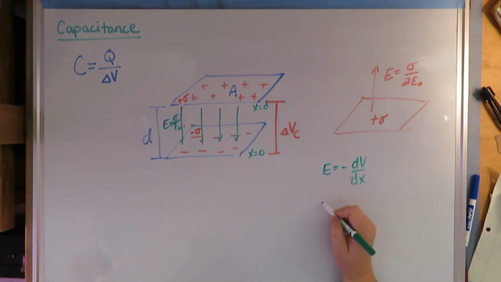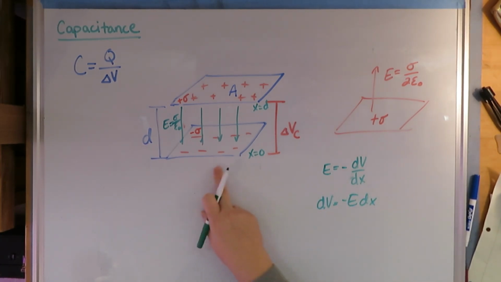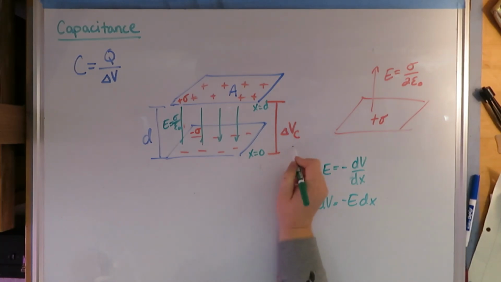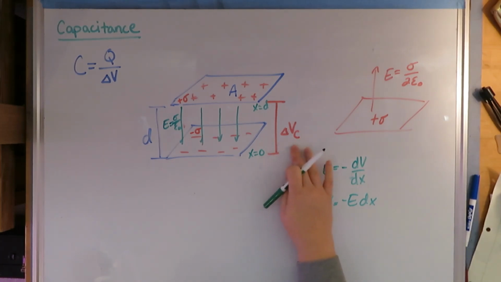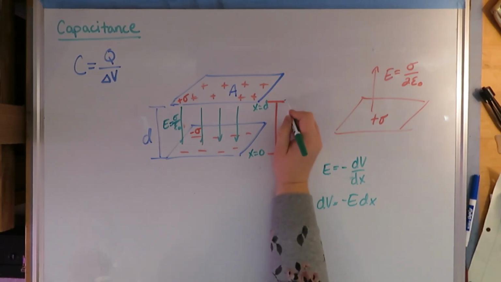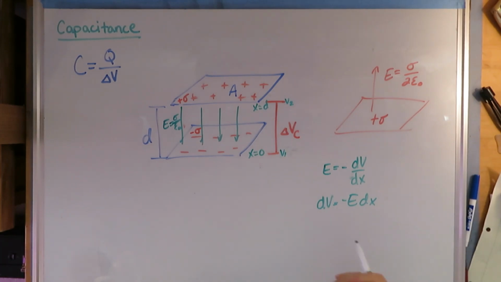So I would get dV equals negative E dx. I'd assume that I have 0 potential down at the negative plate. That's the assumption we always make, that our 0 volts is generally down here. But even if it wasn't, you could assume that this is V1 and this is V2, and you would end up with just a delta V between them that's unknown. Actually, let's just do that in this case. So I want to integrate here.